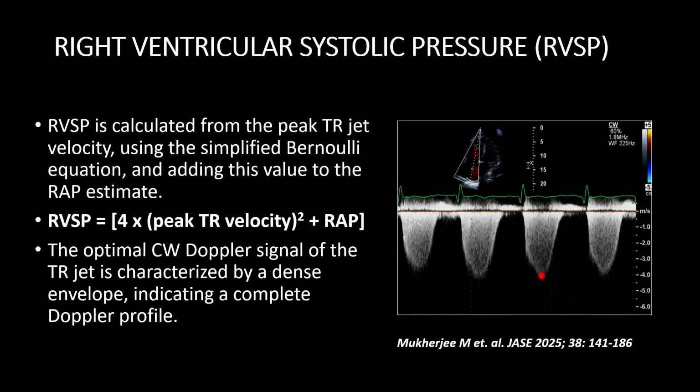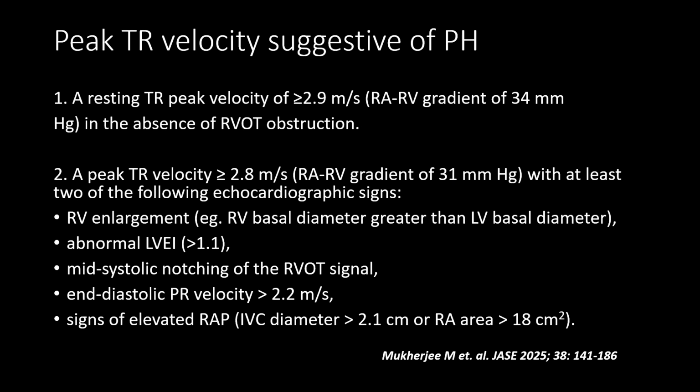We calculate pulmonary artery pressure from the peak TR velocity, as you all know. The jet is characterized by a dense envelope. This is what we should take when we do the TR velocity.